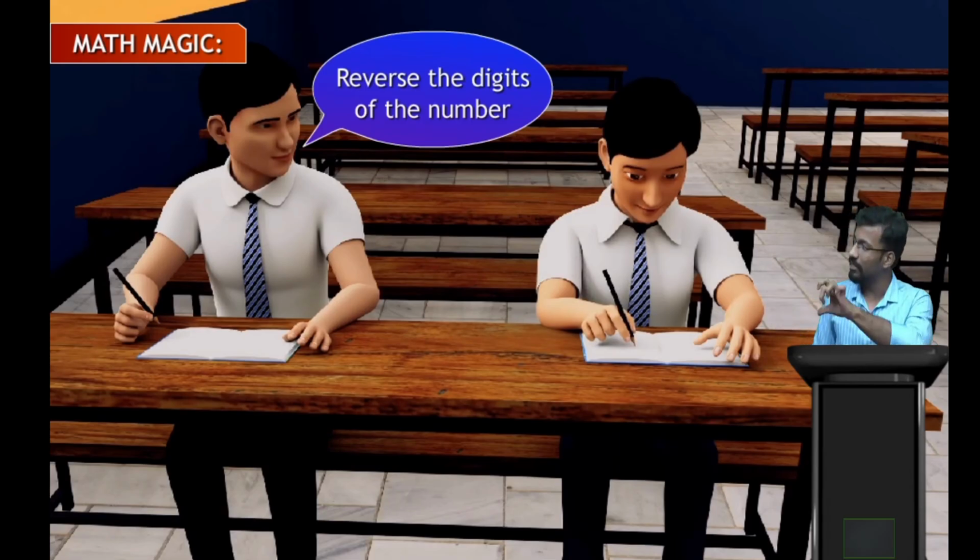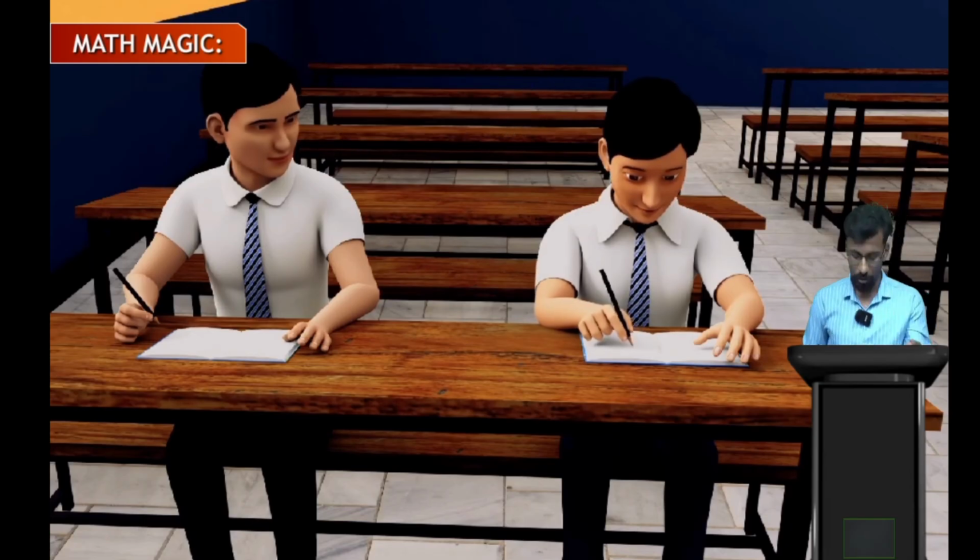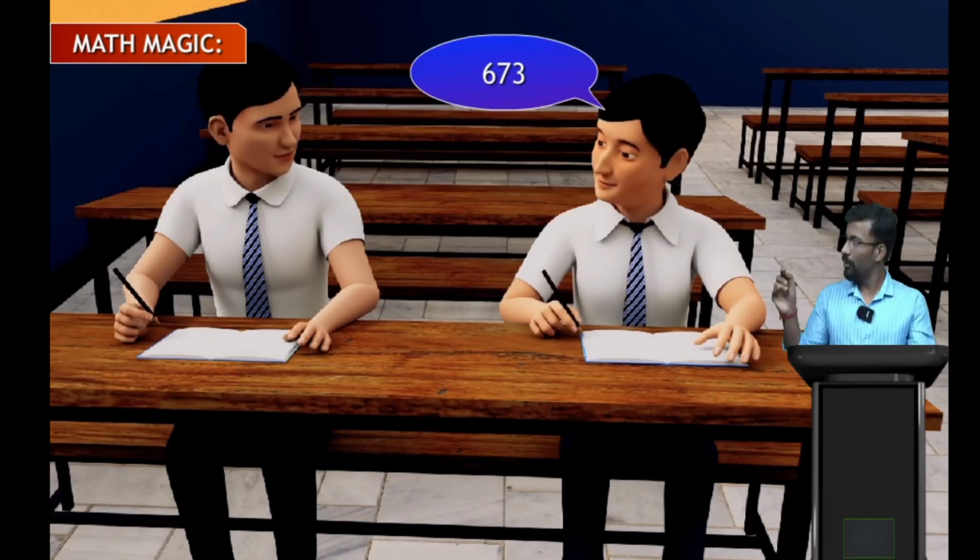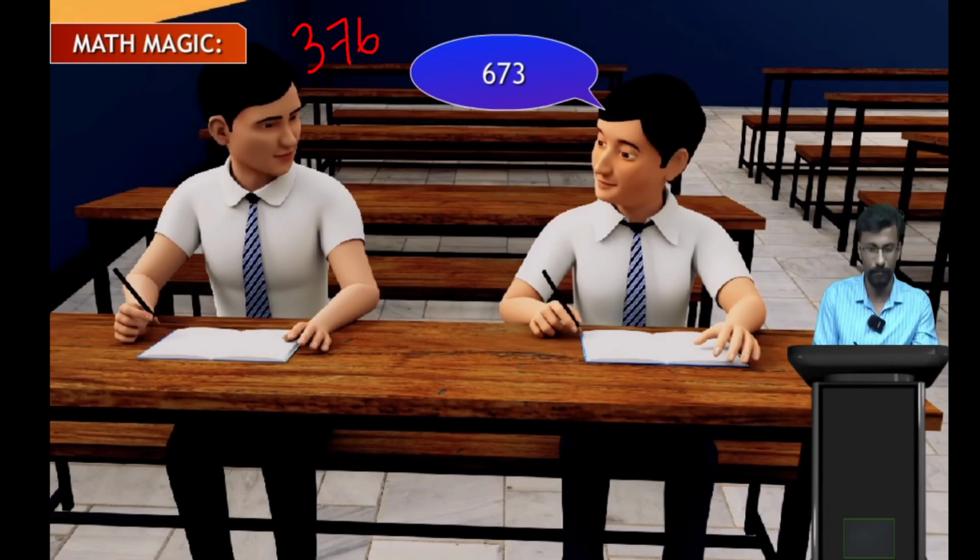Now the procedure is to reverse the digits of the number. Whatever number we take, we have to reverse it. So he got 673. Firstly he is taking 376.